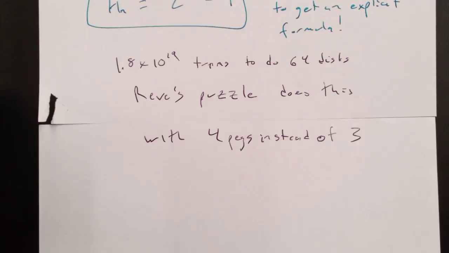If I up the number of pegs, nobody knows whether or not an optimal solution exists for any number of disks. I can always just ignore one of the pegs and do it like 3 pegs. And then I'll get this solution again. But if I must use that other peg at least once, no one knows whether or not there is an optimal algorithm for solving that one. Reeves' puzzle is still open.